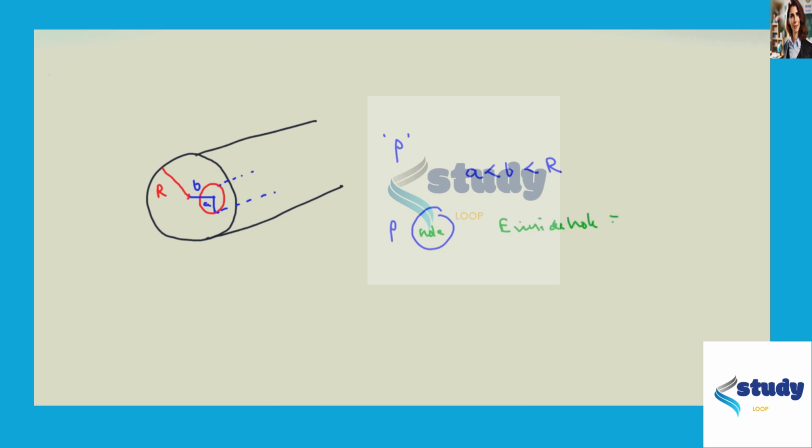There are many ways to do this question. The one I am using is very intuitive and very easy. Let's take a small cylindrical Gaussian surface. This is our hole, these are the same, and this is a cylindrical shape. Don't think that this cylinder has something to do with the big cylinder.